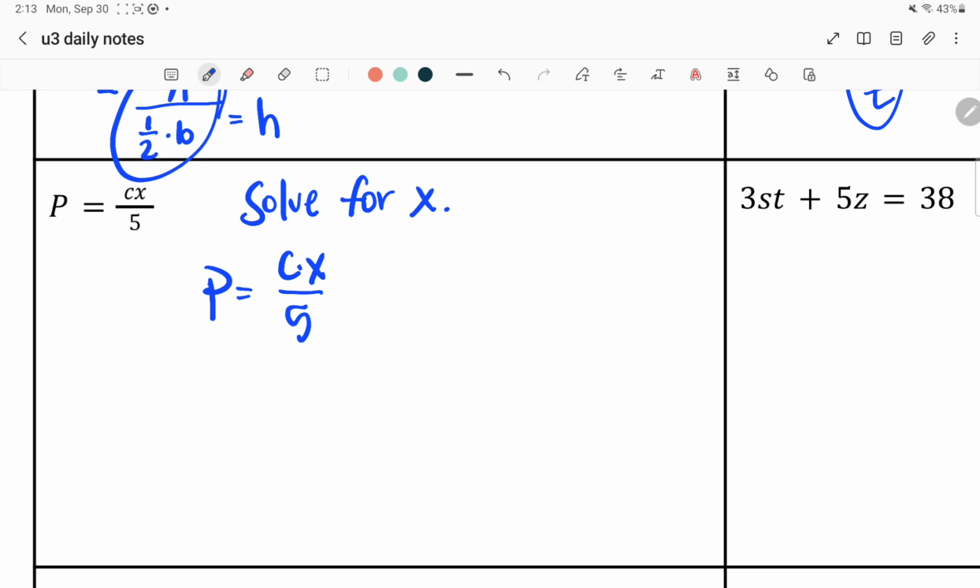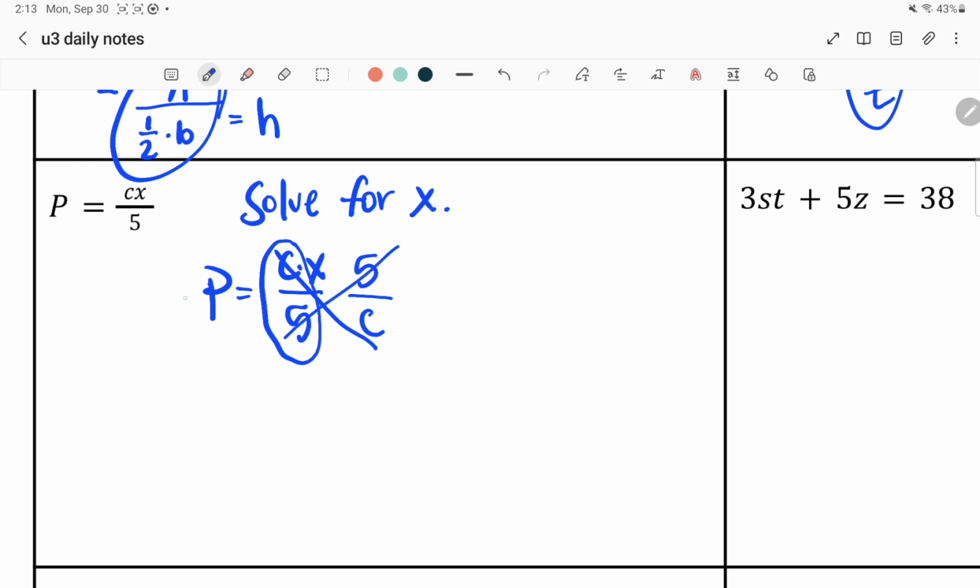The quickest way for my brain is I can do the inverse operations at the same time. So if I'm trying to get c and 5 away from the x, c is being multiplied to the x, so I can divide by c. 5 is being divided by the x, so I can multiply by 5. What happens is the c and the x switch places and they cross out.